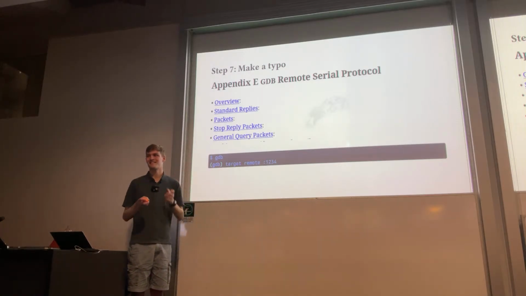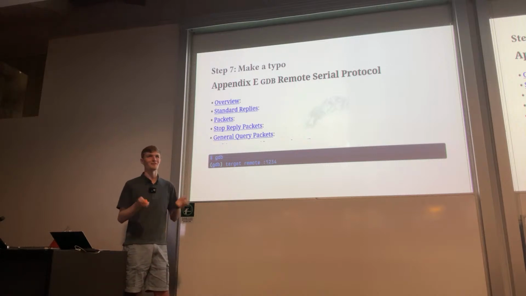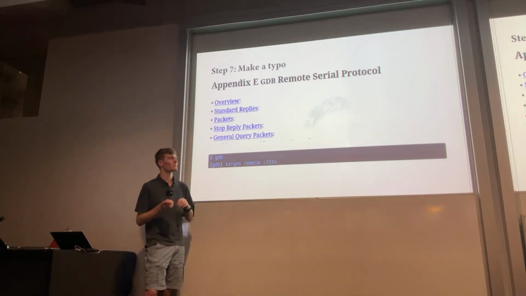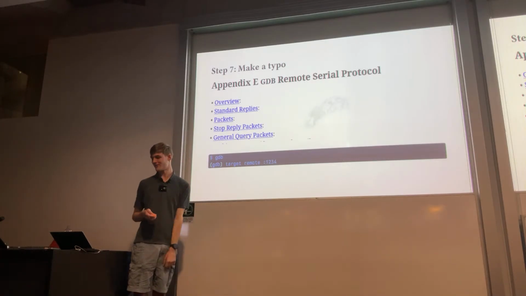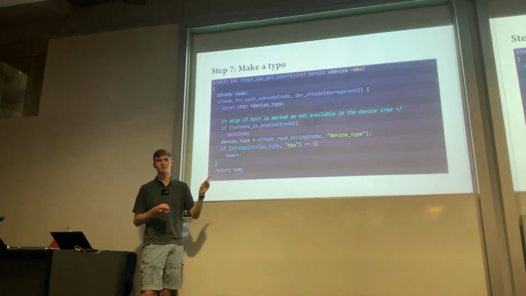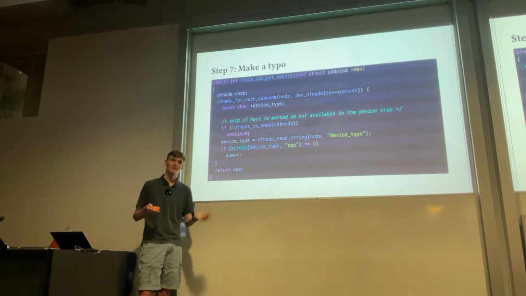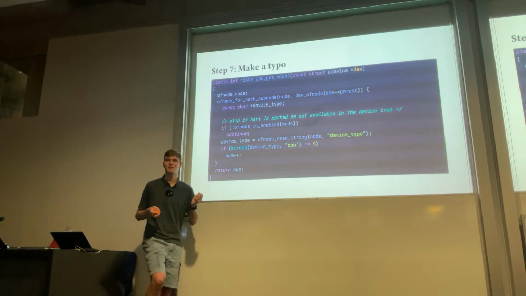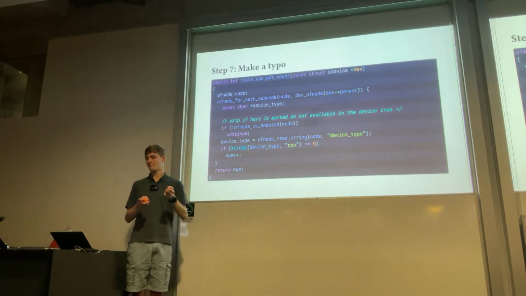So with single-step debugging, I could search for that -19 from earlier and trace the source of it. Eventually, I managed to find it back to this function, riscv_cpu_get_count, which, as the name suggests, gets the number of RISC-V CPUs that I've listed in the device tree.